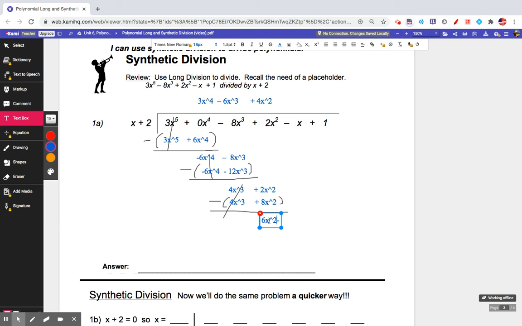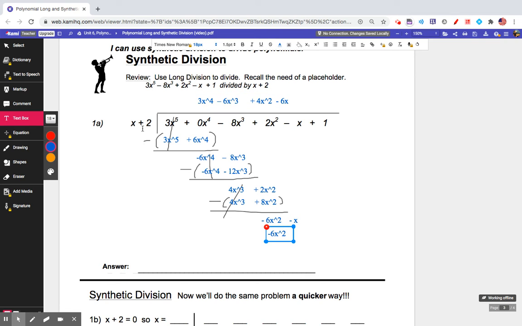And then I bring down my next term. I bring down my minus x. And then x times what is negative 6x squared? x times negative 6x. I multiply those together, almost done with this expression, and I get negative 6x squared.